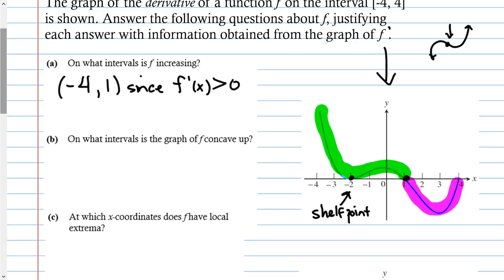Okay, let me change pens. Let's do blue. On what intervals is the graph of f concave up? Well, let's look at f prime and figure out where it is increasing and where it is decreasing. From -4 to -2, it is decreasing. I'm going to delete this arrow, and this one is going to be an estimate.